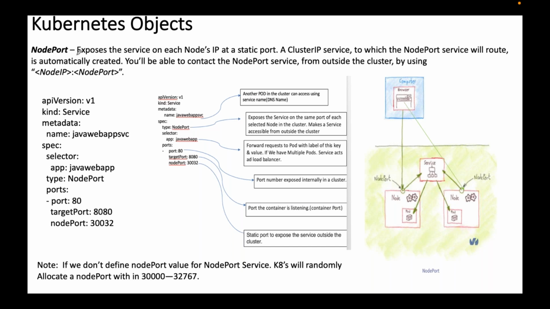We can expose the Kubernetes service on each node IP at a static port, the node port. So I can create a node port service, and we get one port on each and every node. We can access that service using that node port.